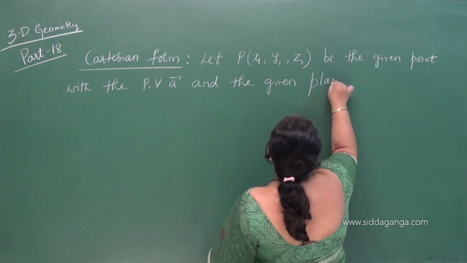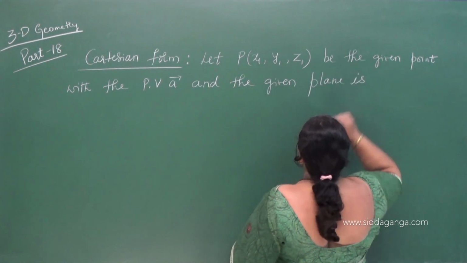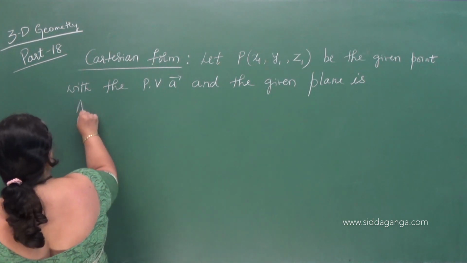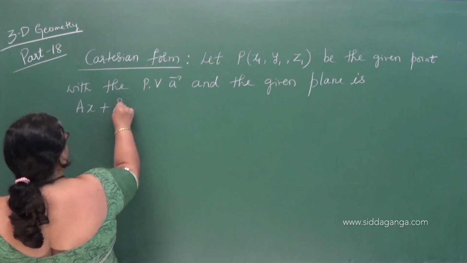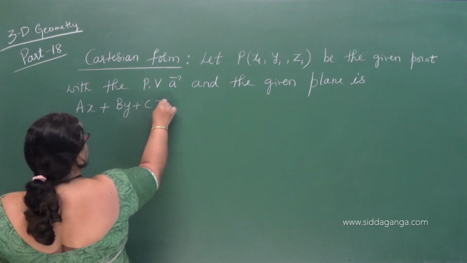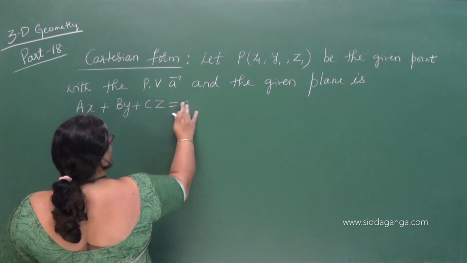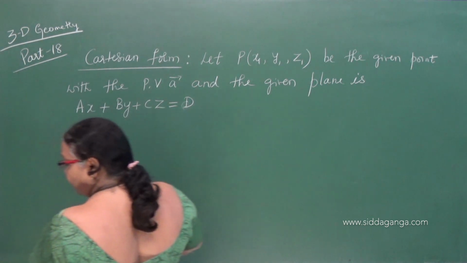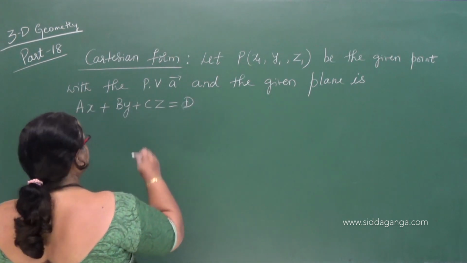The given plane is ax plus by plus cz equal to d. That is the Cartesian equation of the plane.